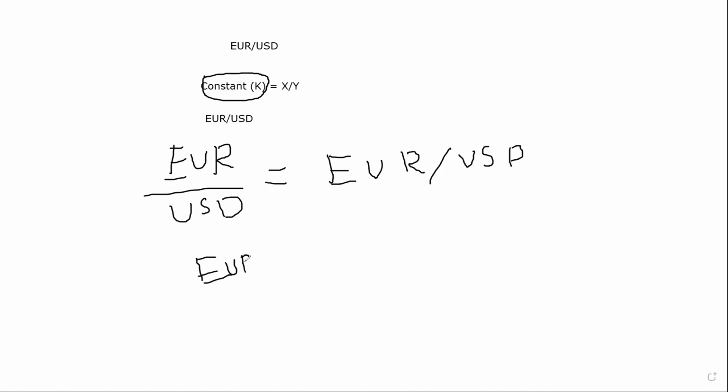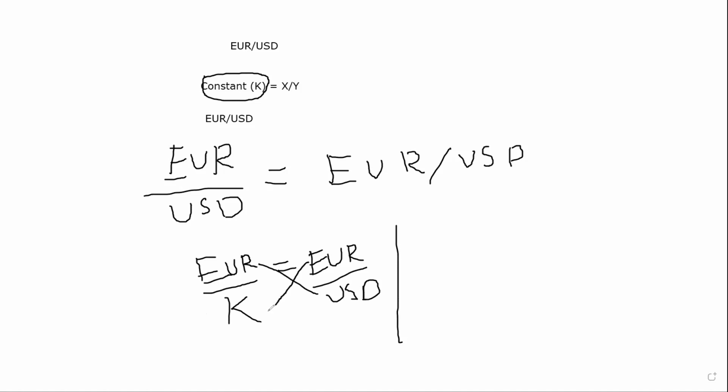So euro divided by K equals euro US dollar. Now we're going to cross multiply, so it will be K multiplied by euro.